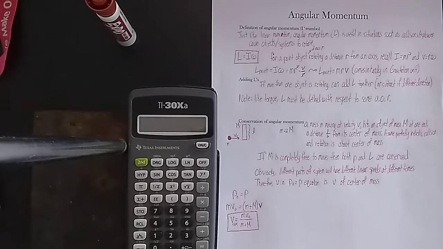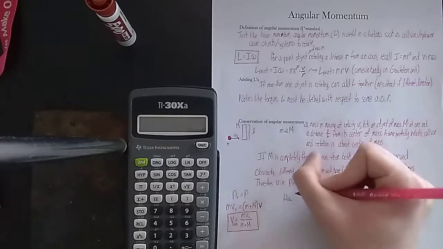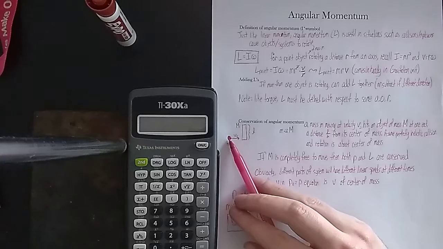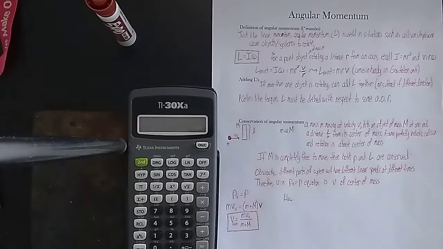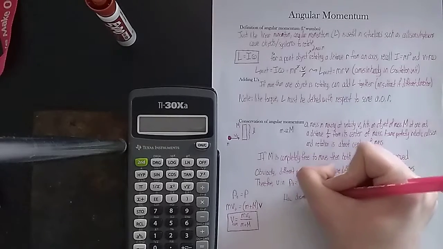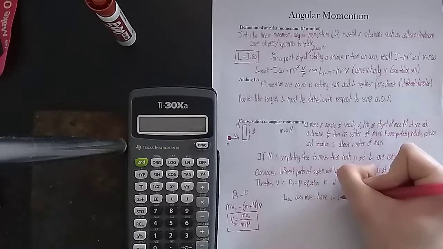The ideas for angular momentum are also pretty straightforward, but the algebra can get a little messy. One of the questions you might have, because we said that L is conserved, is wait a second, if this object wasn't spinning to begin with, but now it is spinning, how is that conservation of angular momentum? In other words, if angular momentum is conserved, and this is going to have angular momentum afterwards, how does this mass have L initially?